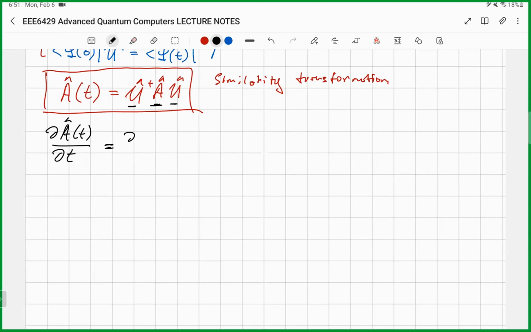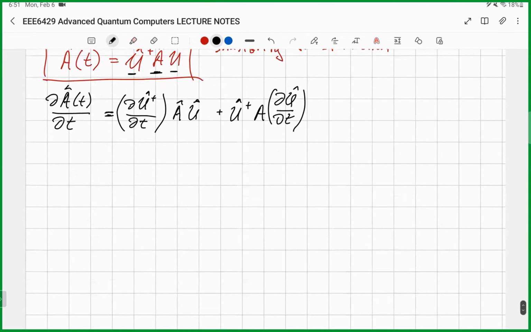Right, so I write this derivative of u dagger by time, and then operator A, operator u, and then plus u dagger A du dt, something like this.